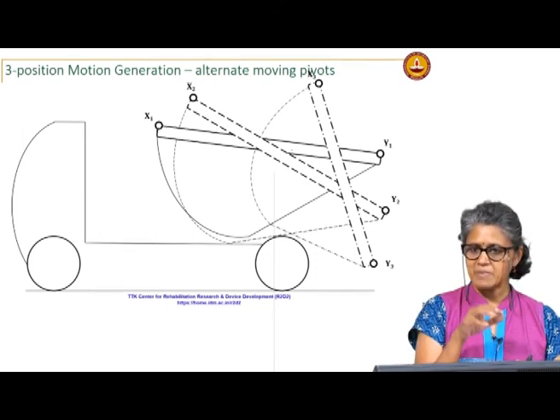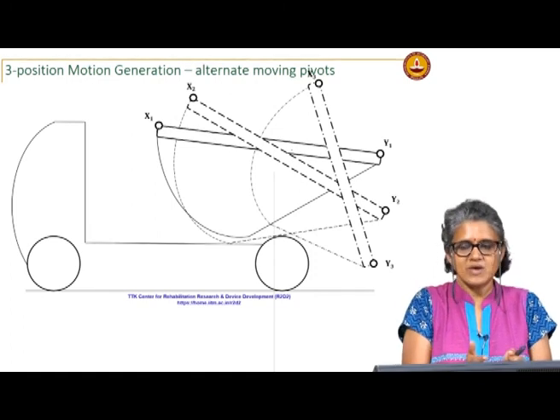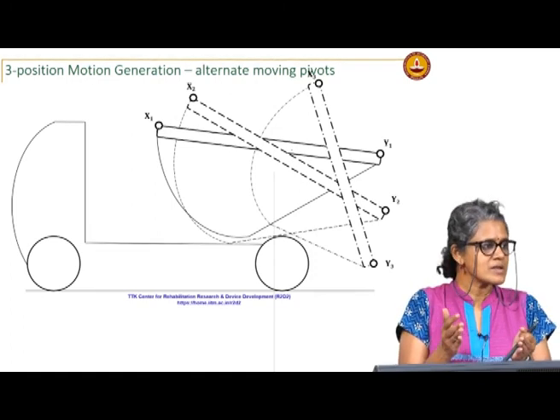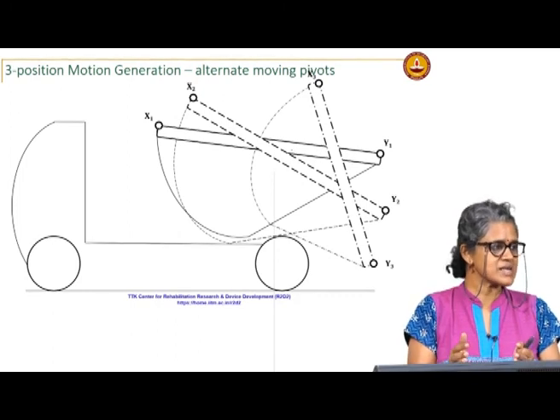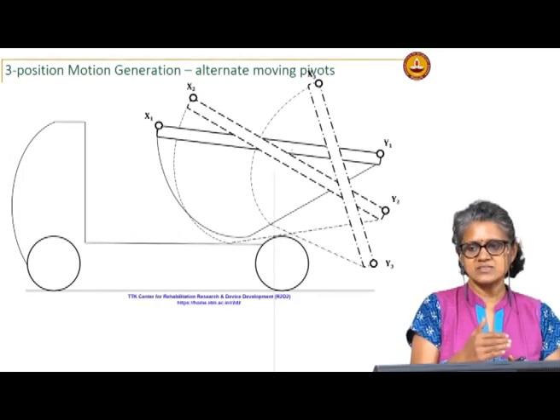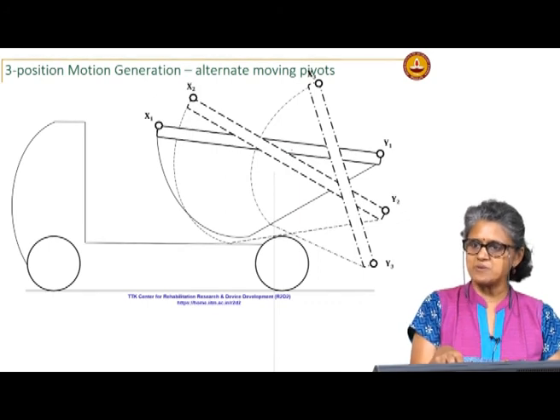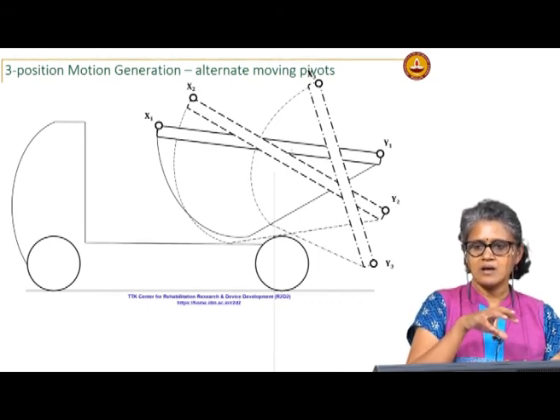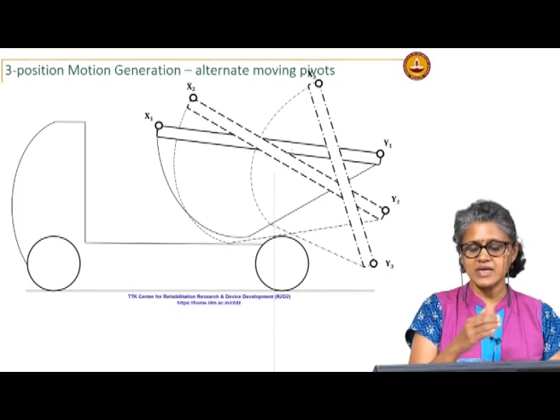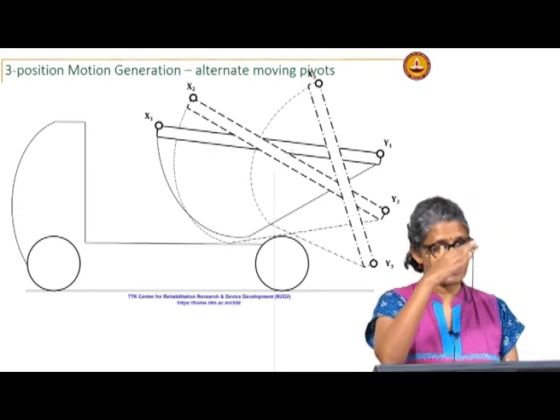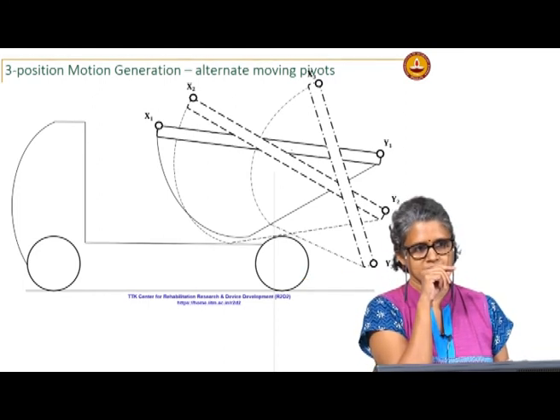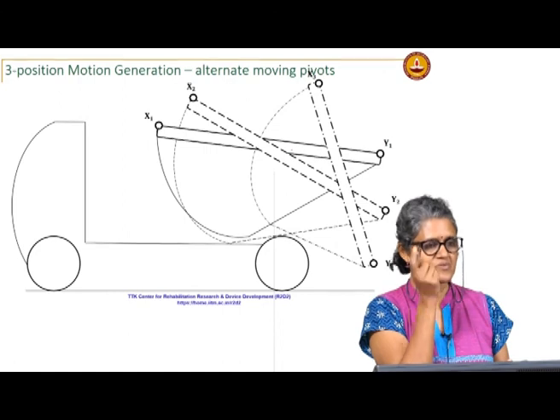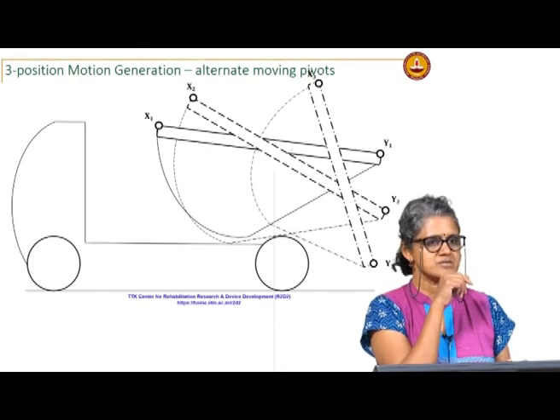I may have only a certain space where I can locate the fixed pivots for the linkage. So in the next class we will see the case where, if the fixed pivots are given, how do we design the linkage to still accomplish the same motion generation for the coupler, and that is where we will use inversion.